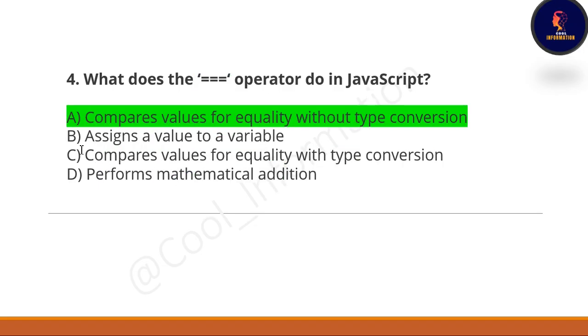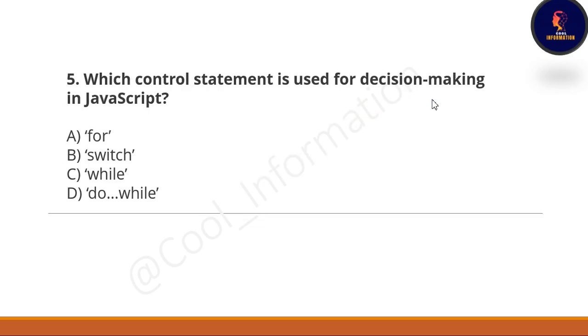Correct option is option A. This operator compares values for equality without type conversion. It is not an assignment operator in JavaScript. It's an equality operator. It compares the values for equality without type conversion.